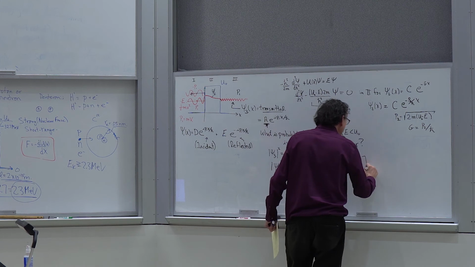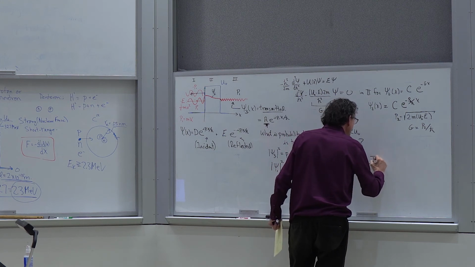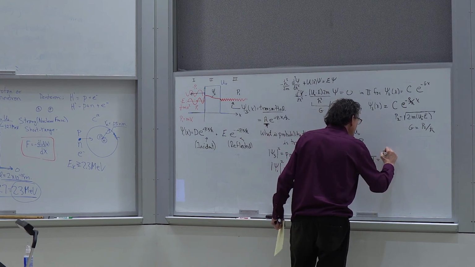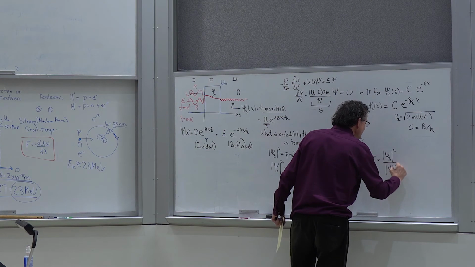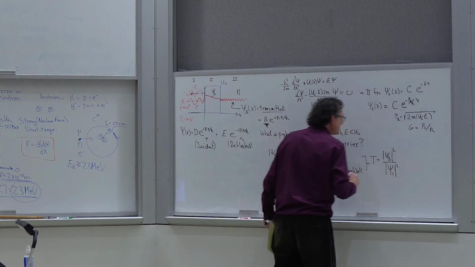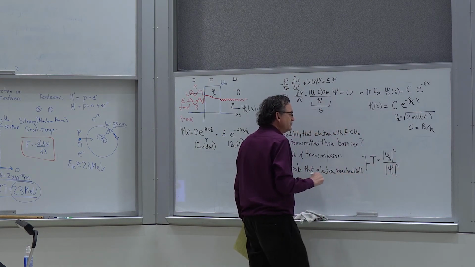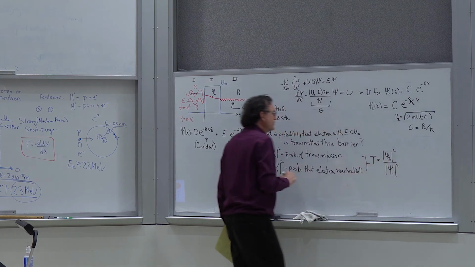And so what I'm going to write is that the transmission probability is equal to the ratio of psi 3 squared divided by the magnitude of psi 1 squared. So this is the probability that it makes it to region 3.